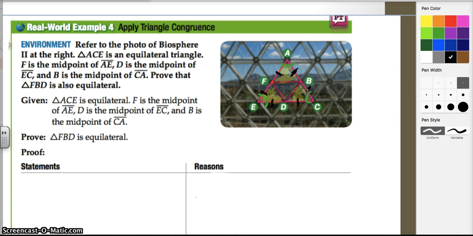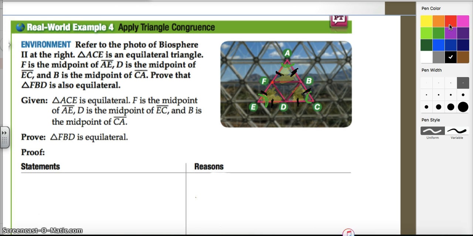And then what you'll talk about is the fact that you've now created three triangles, triangle DEF and EAB and BCD. You've created, or at least pointed out, three triangles that are congruent by side, angle, side.